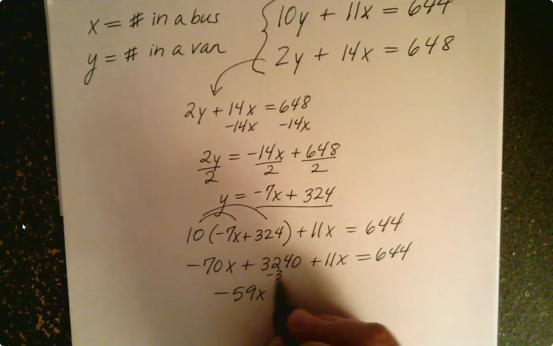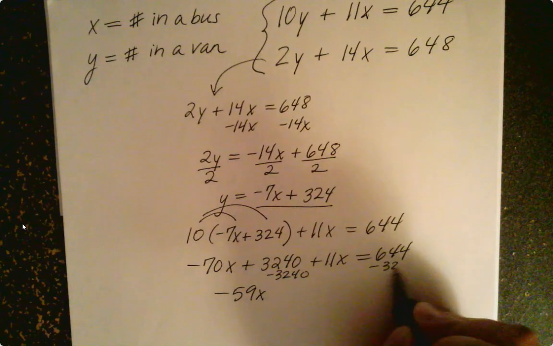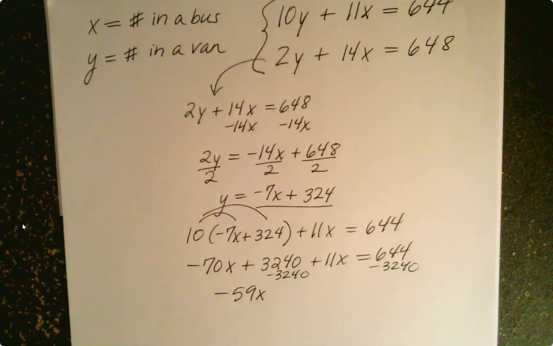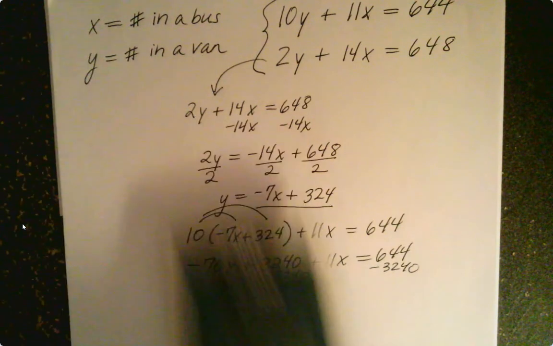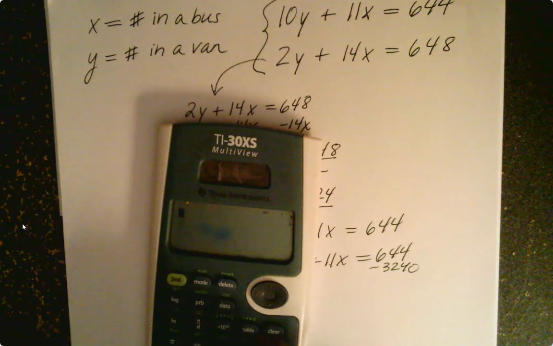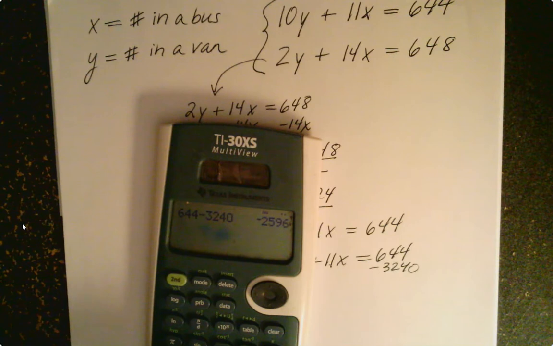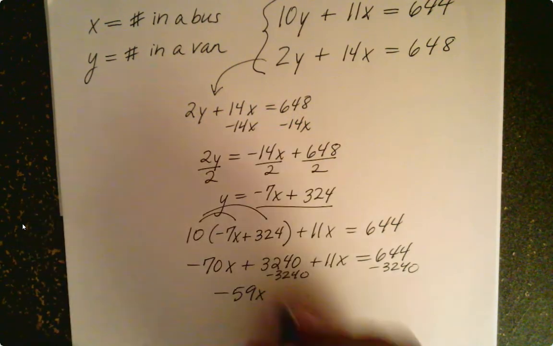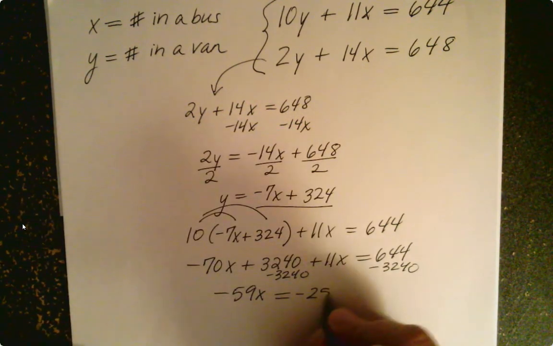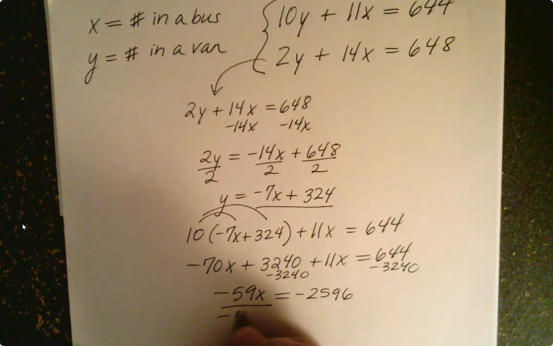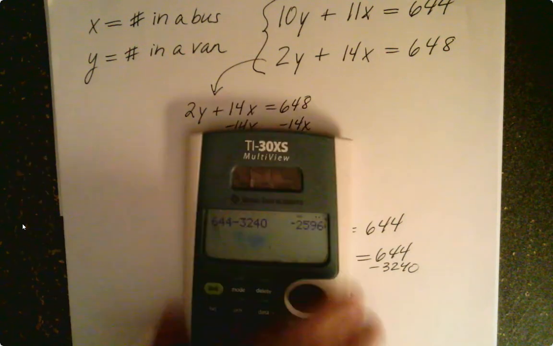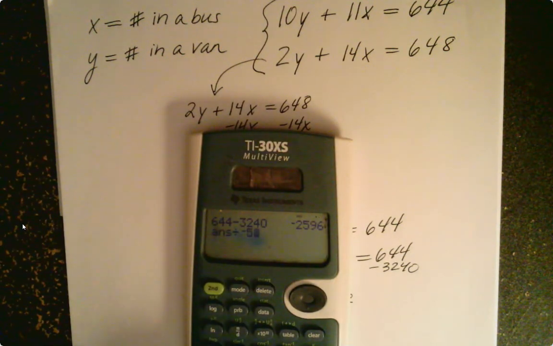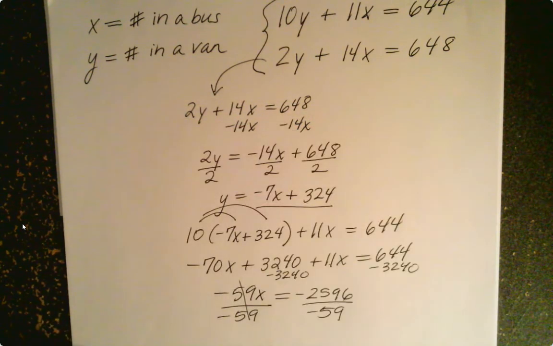Let's subtract 3,240 from both sides. This one has a working calculator. 644 minus 3240, we get negative 2,596. All right, divide both sides by negative 59. I get 44. So x is 44.